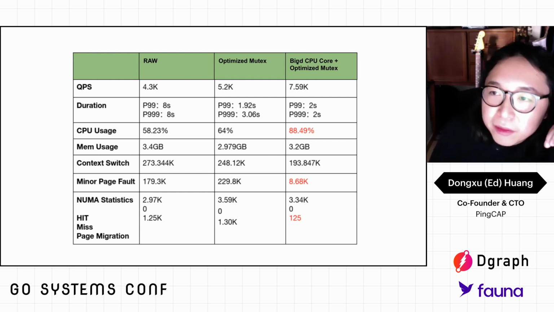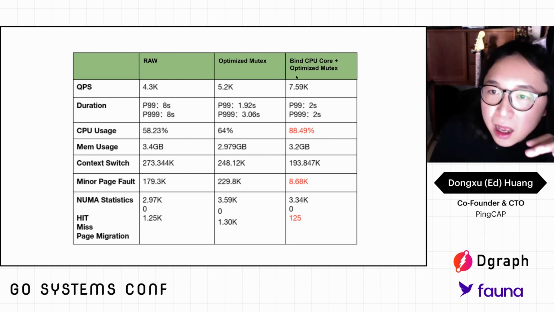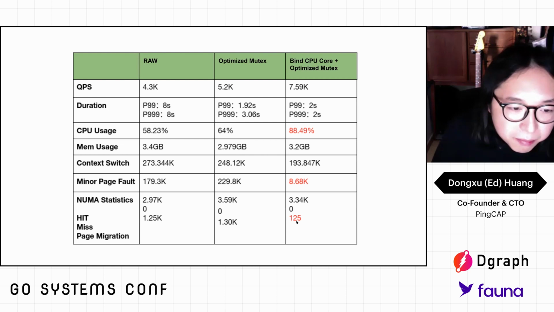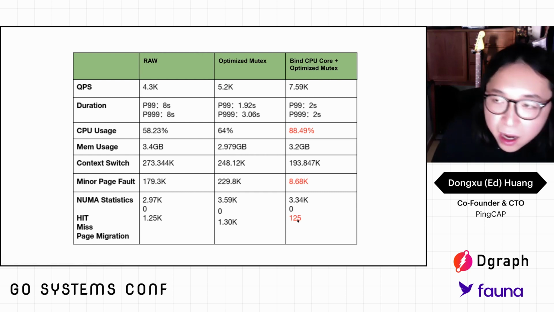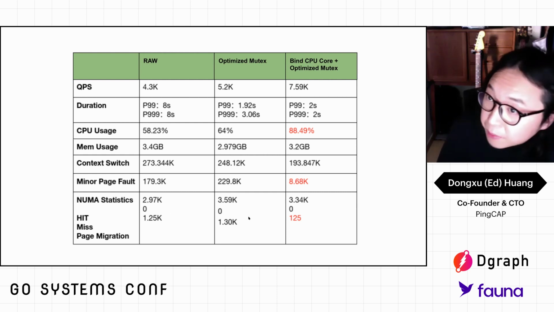And then we bind the CPU with separate processes, and we can see that finally we can use the CPU. And the page migration here is 10 times lower compared to the other deployment methods.